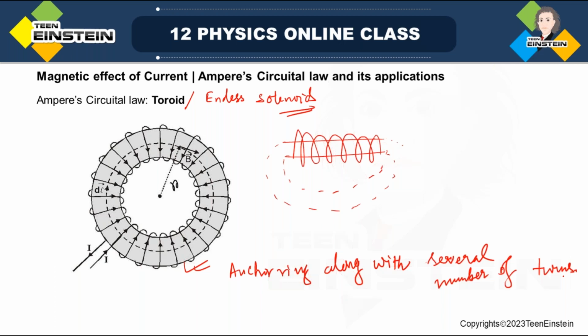Now, when the current is sent through the terminals of the toroidal solenoid, what happens?